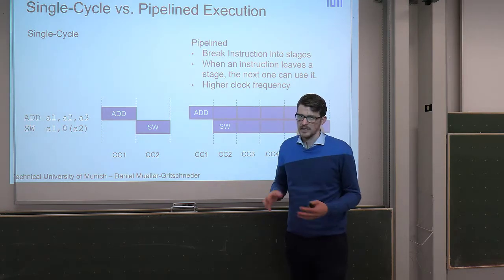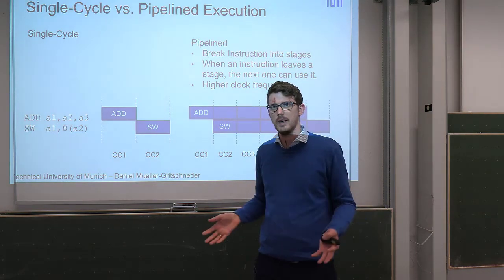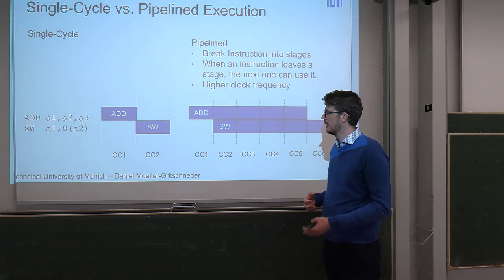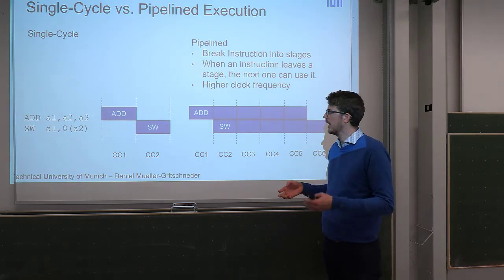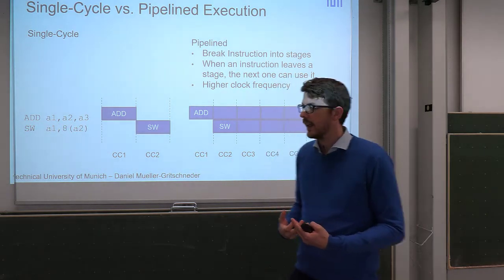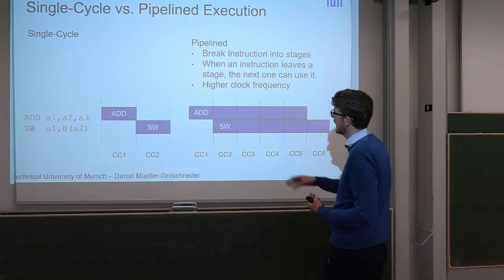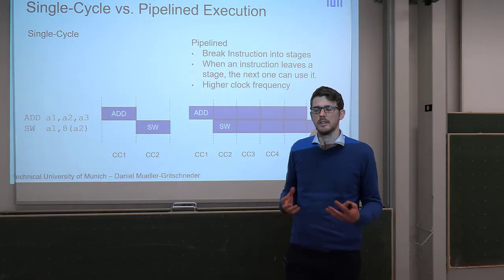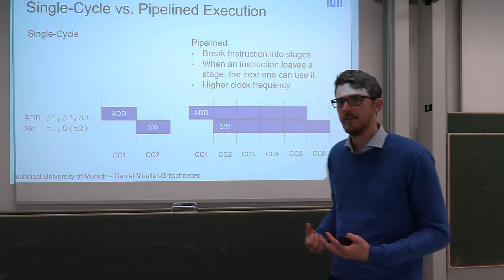So as soon as the pipeline is filled and running, you can still do one instruction per cycle, right? They are just computed in this interleaved fashion. And you can see in this example, it would be 5 stages that the instruction is separated into.